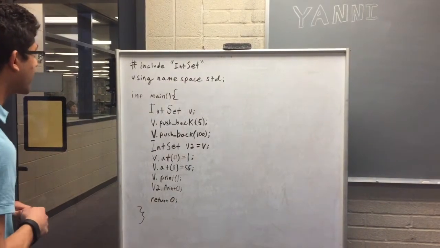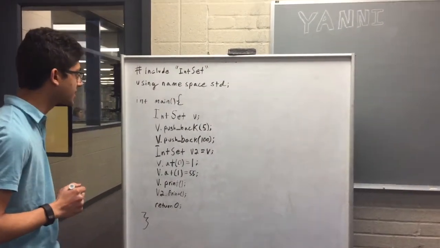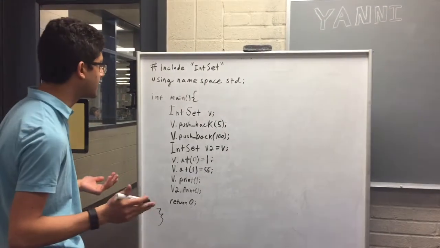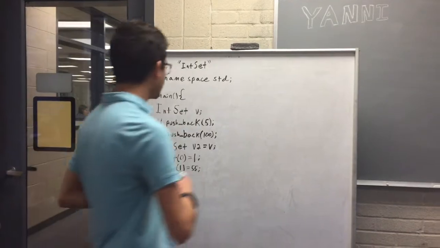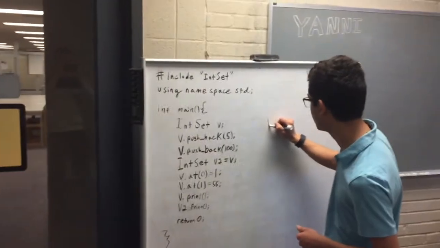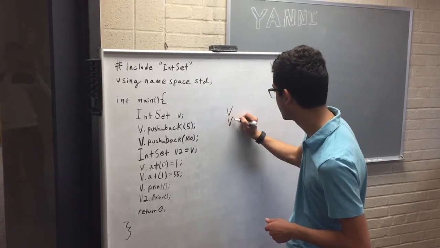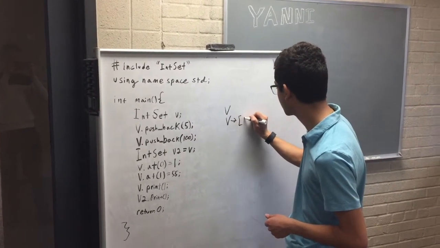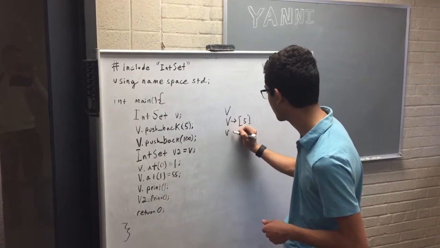What we have here is something called our IntSet, which is basically a dynamically allocated array. So I first create our IntSet v, and then I push back these two elements. In this case, v is 5, and then we push back the number 100.